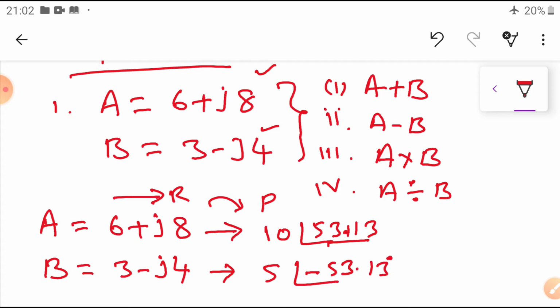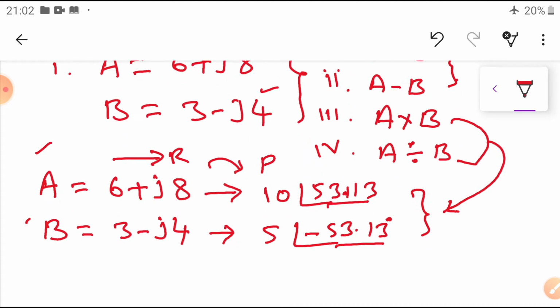These are the conversions, which I have readily made at the side. These two forms are useful for multiplication and division, and the other two methods are useful for addition and subtraction. That is why I made it at the side for my reference.